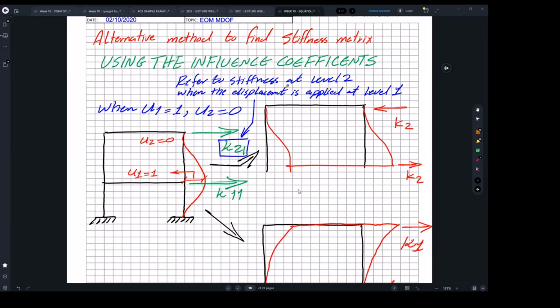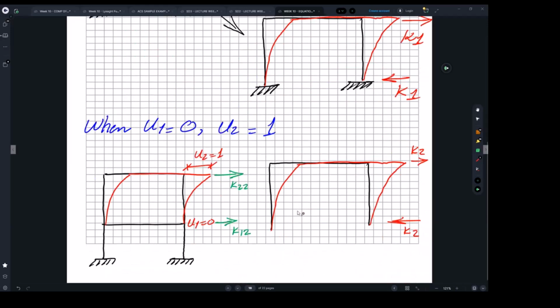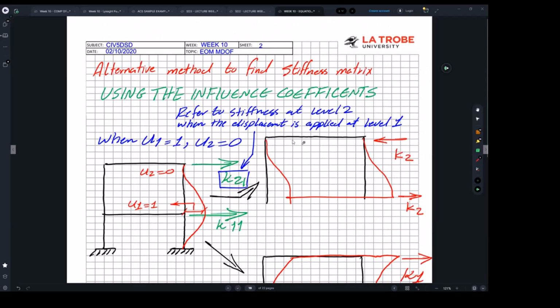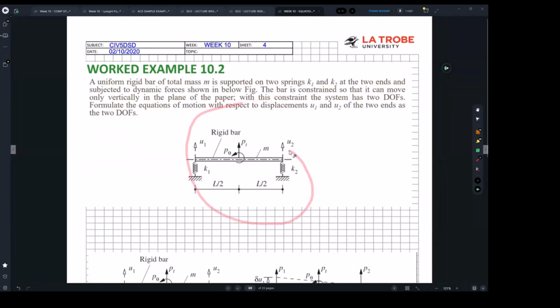Like you don't need to memorize equation number 4. You just need to know the process of doing it. Because here we look at the shapes and we keep going with the idea. And the other reason is the influence coefficient method is sometimes very handy to solve a bit more complicated problems, like this frame or this question here.